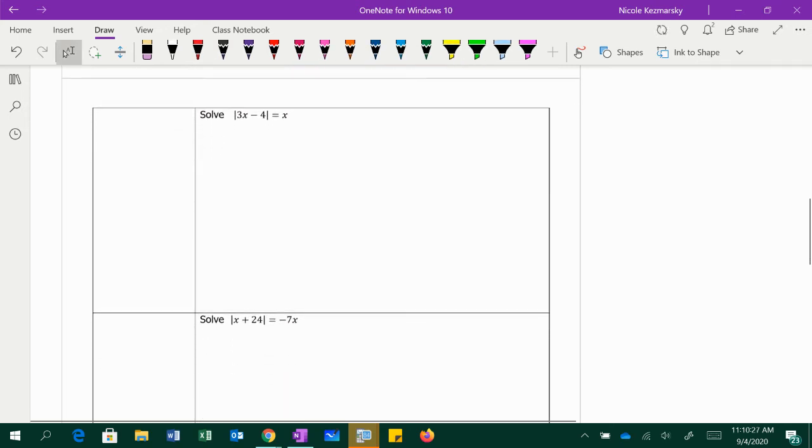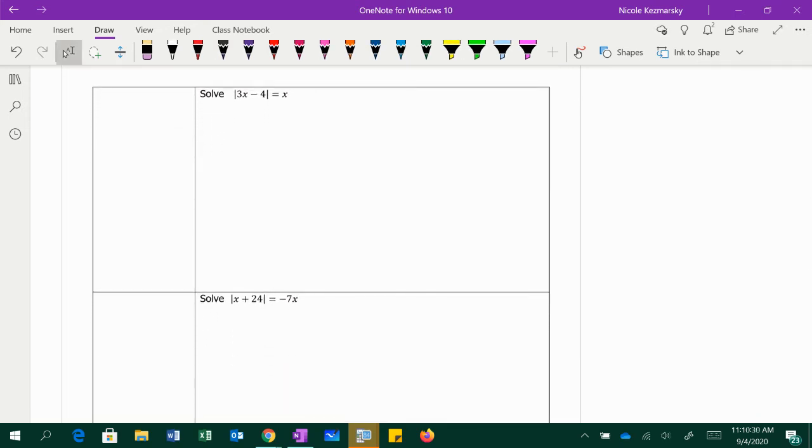Next example. So this one is a little bit different because now there's an x on the right-hand side. So I'm going to set up 3x minus 4 equals x and negative parenthesis 3x minus 4 equals x. And let's see how this one comes out. So for this one, the x is on the right-hand side, so I'm going to move the 3x because they're like terms. So that gives me negative 4 equals negative 2x.